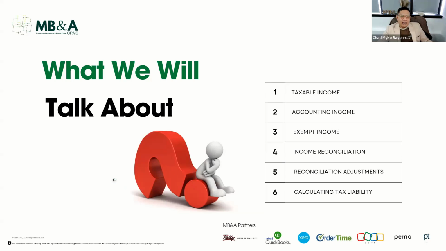Then we have the accounting income. So what's the difference between taxable income and accounting income? We will have a discussion on that. And then we will discuss as well what the exempt incomes are for UAE corporate tax. And I believe from our recap earlier, we have the exempt incomes for natural persons: personal investments, real estate investment, and salaries or employment-related incomes.